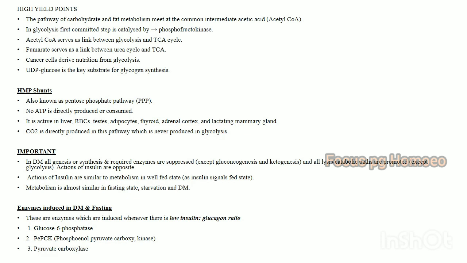The action of insulin is similar to metabolism in the well-fed state, and metabolism is almost similar in the fasting state, in starvation, and in diabetes mellitus. In all these cases, the signal for insulin gets activated and it promotes the metabolism of carbs, fats, and proteins. It increases that in hyperglycemia or in a well-fed state.